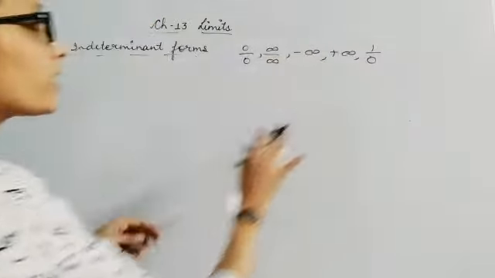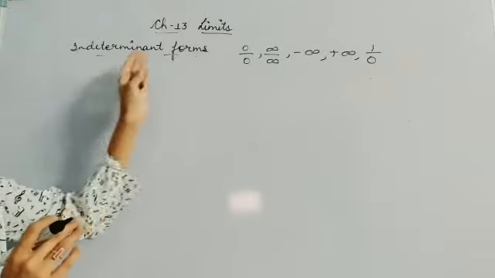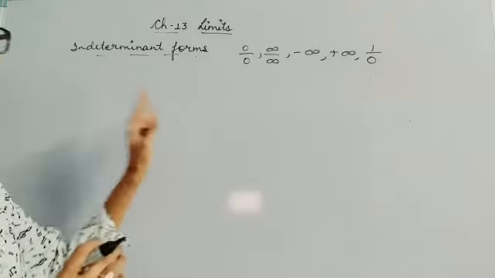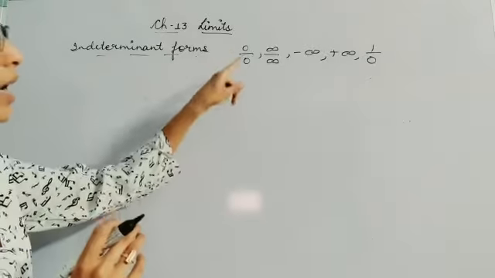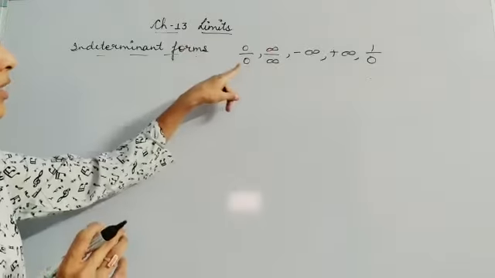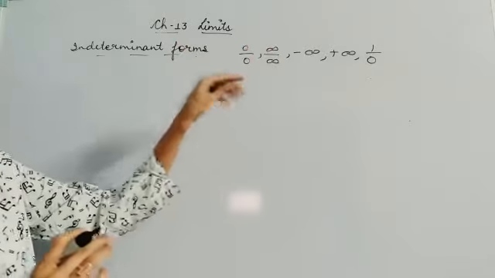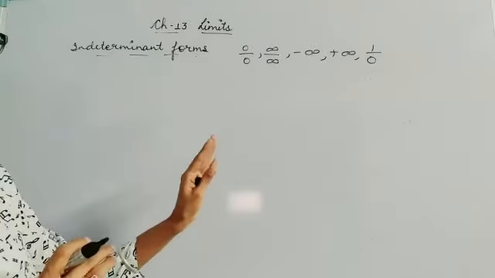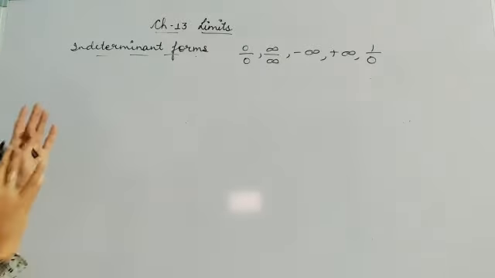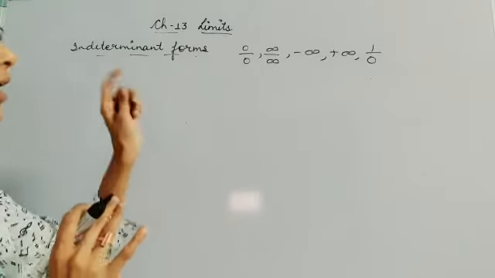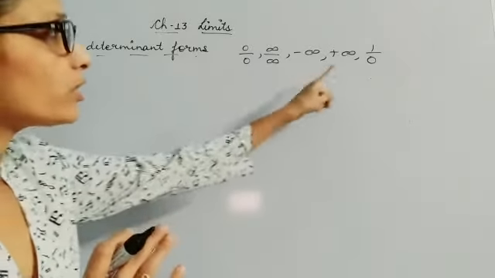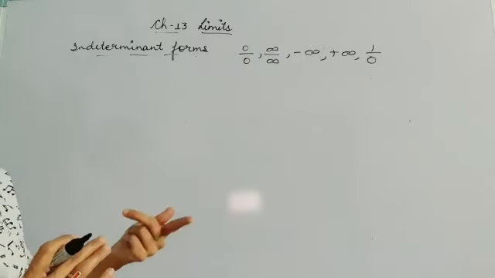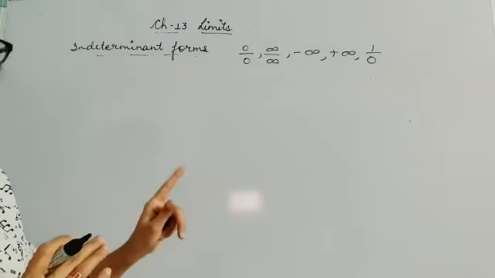So these kinds of things are indeterminate forms. That means the value cannot be calculated. If you get your numerator or denominator in 0 or infinity form, then you need to change your question into some other form. Now, on putting the limit, if you get any of these forms, then you will be converting or transforming your given question into some other form.